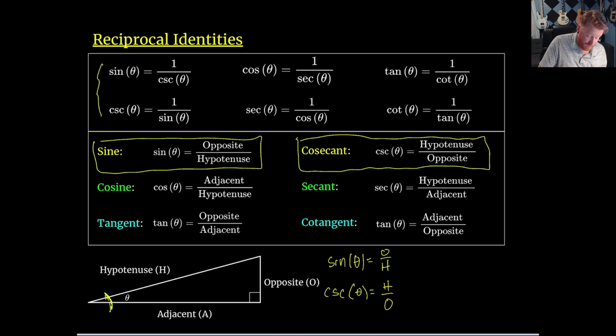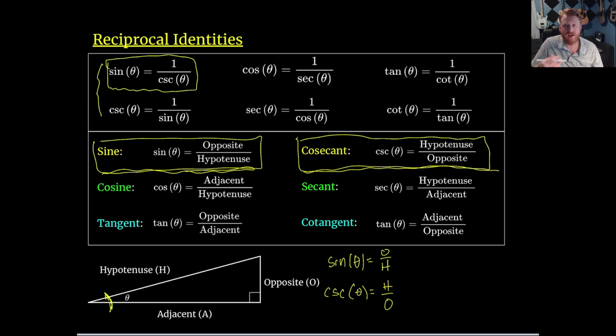So if I want to look back here at the beginning and maybe show that sine of theta is equal to 1 over the cosecant of theta, well, maybe one way to convince you is just to look at the definitions we have here. The sine of theta is the opposite over the hypotenuse. The cosecant is the hypotenuse over the opposite. They are quite literally reciprocals of each other.